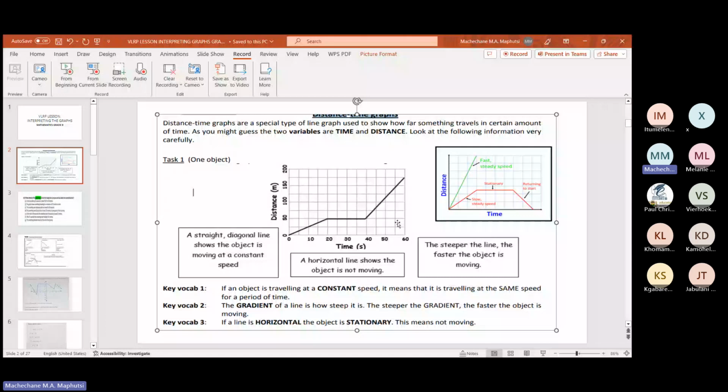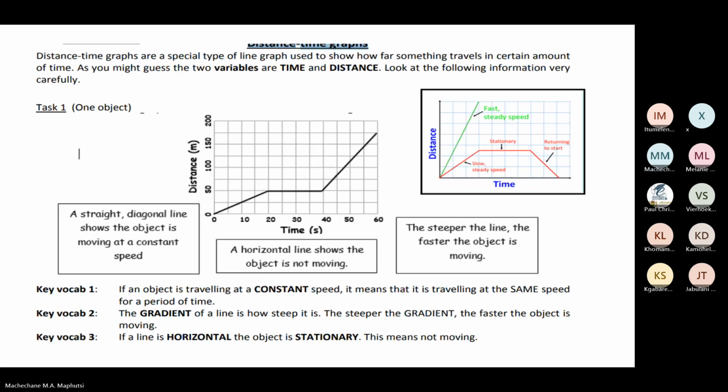If the steepness is too shallow or too gentle, it means the object was moving at a slower rate. But if you see a horizontal line, then you have to know that whatever was moving is now constant, it is now stationary. Okay, let's move to the other one.